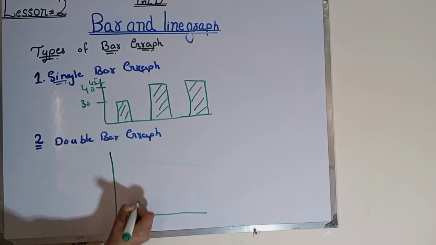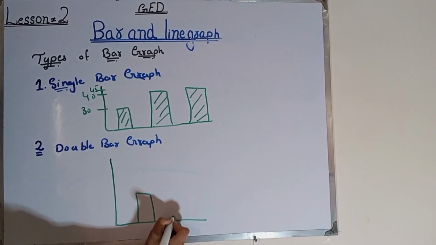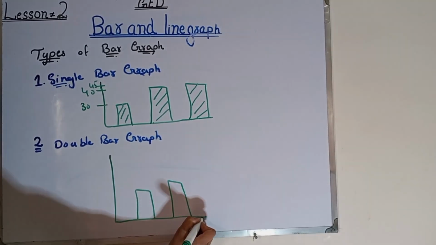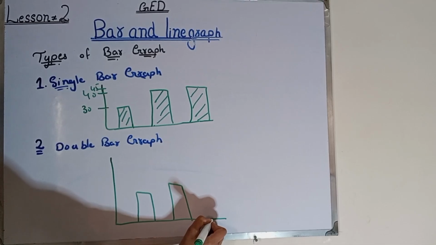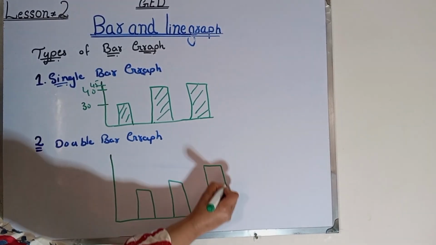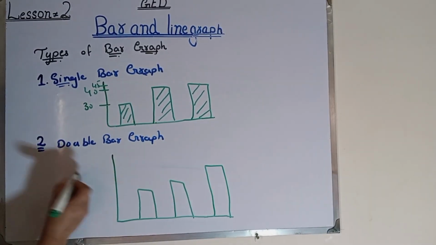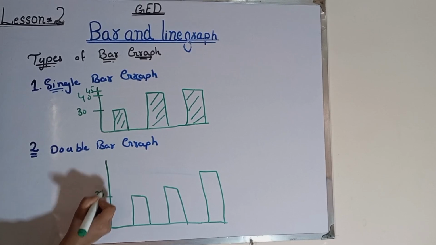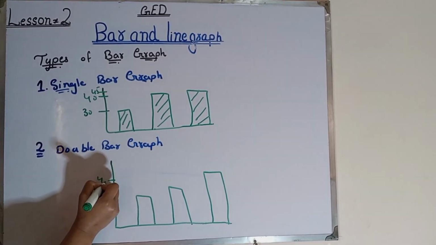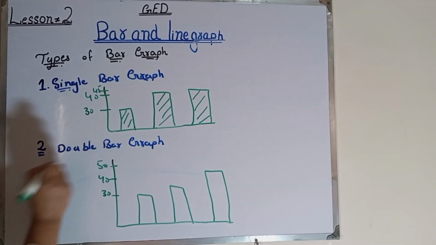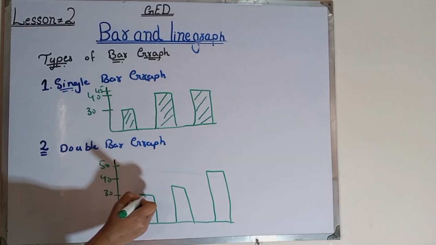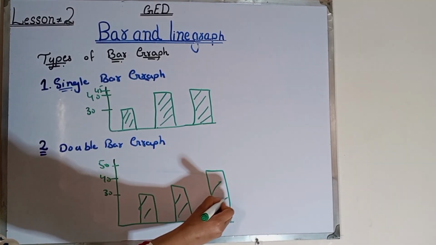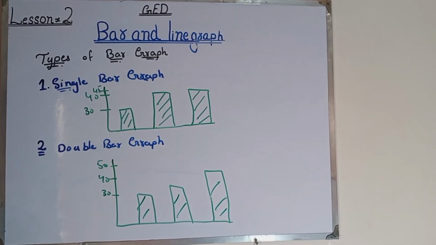Next, this is a graph. Just like it's 30, it's 40, it's 50. Just like this.